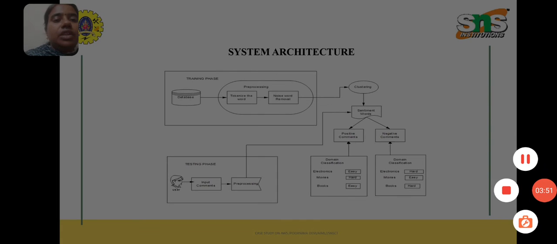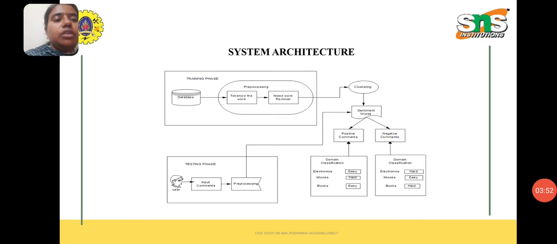So, we include some of the domains which are used in this field. For example, electronics, movies, and also books. So in domain classification, for electronics, movies, books, we analyze some sentiment words. For example, easy, hard, sad, good, bad.